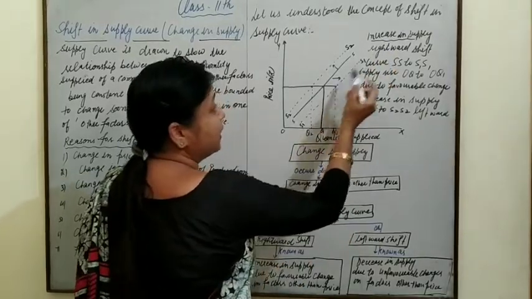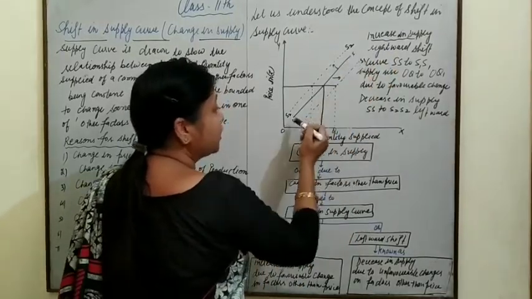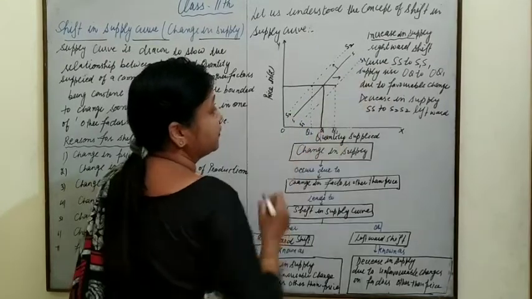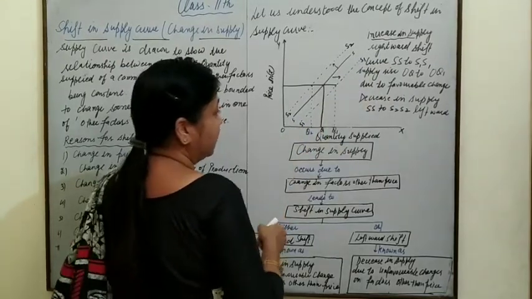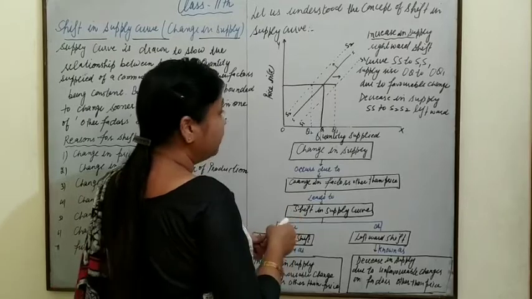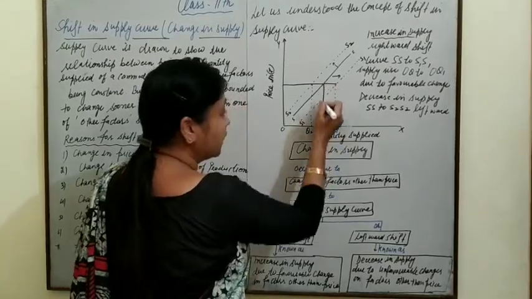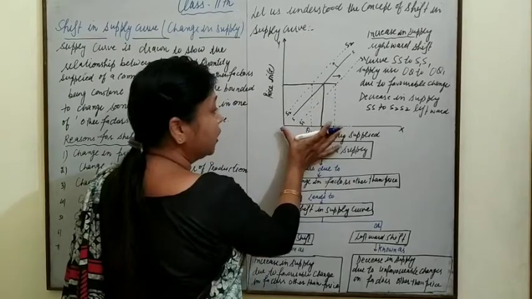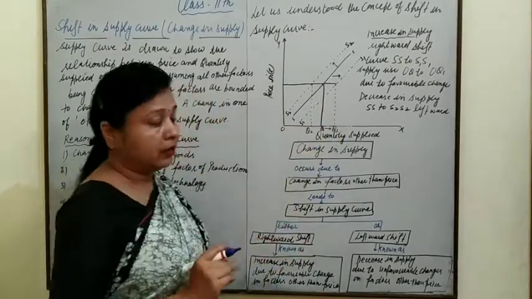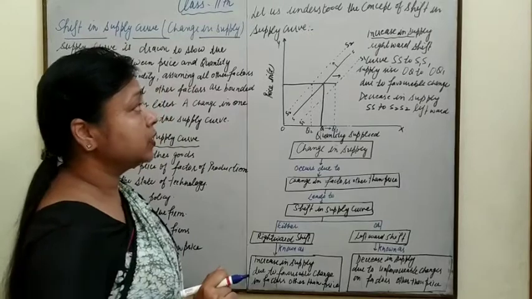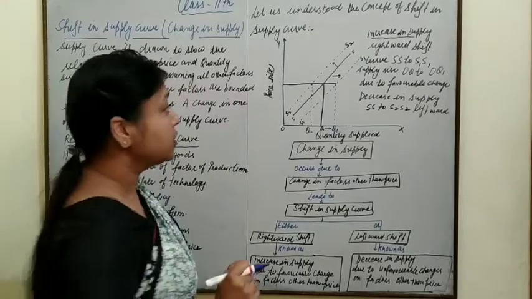Increase in supply means the SS curve shifts to the S1 curve and the quantity is increased from OQ to OQ1. Now the quantity is increased, so this is known as increase in supply.